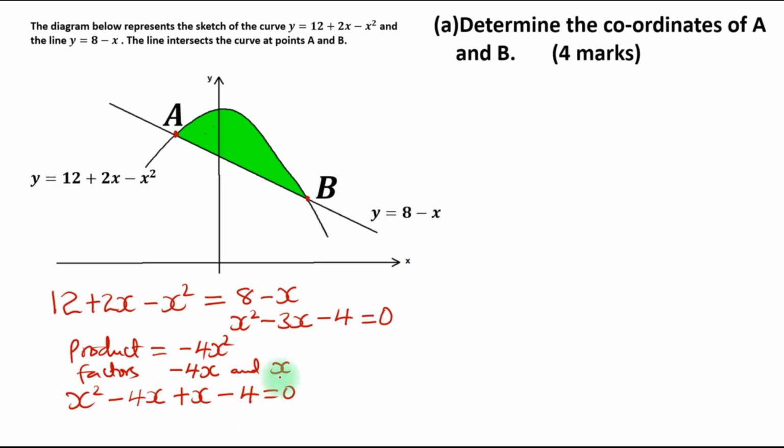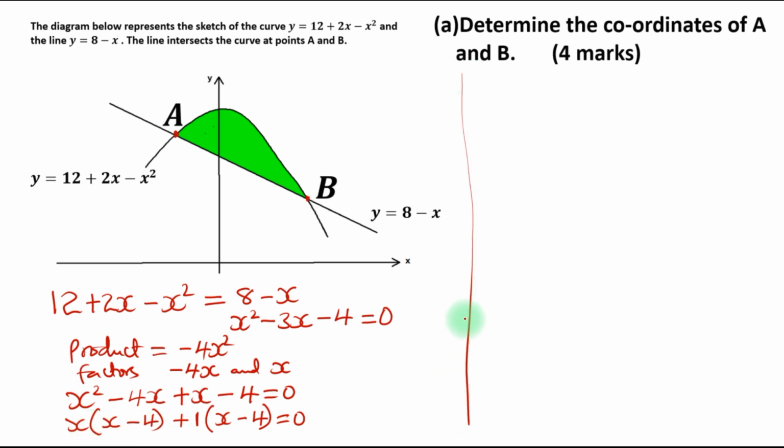Take into pairs and then factor out. So x squared and 4x, x is common. For x squared divided by x, I get x. Minus 4x divided by x, I get minus 4. Close the bracket, then plus, in this case here, x and minus 4, 1 is common, so x divided by 1, I get x, minus 4 divided by 1, I get minus 4. Close the bracket, it will be equal to 0.